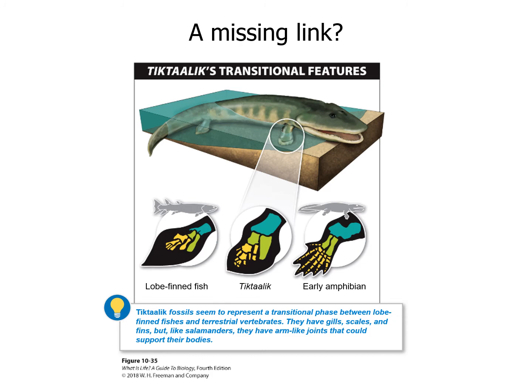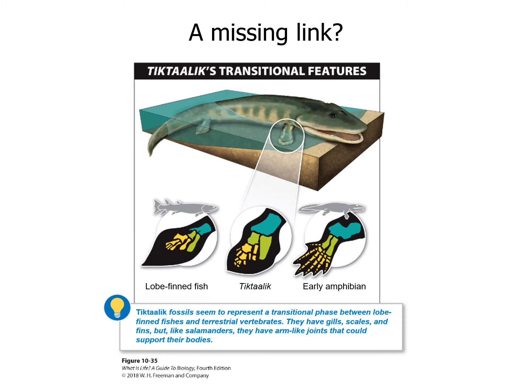And the last little thing about the fossil record is structures like, I don't want to say a fully formed hand, but the almost hand-like structure with wrist bones of lobed fin fish and something called Tiktaalik versus early amphibians.